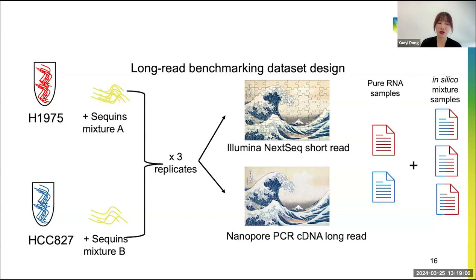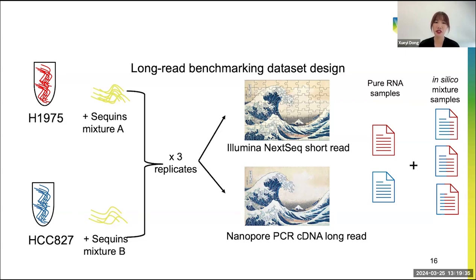So finally, we chose the same 2 cell lines, H1975 and HCC827, and we added the sequin mixture A and B to each of the cell line samples. We have 3 replicates, and we sequenced the same samples using 2 different technologies: one is Illumina short read, and the other is nanopore long read sequencing.